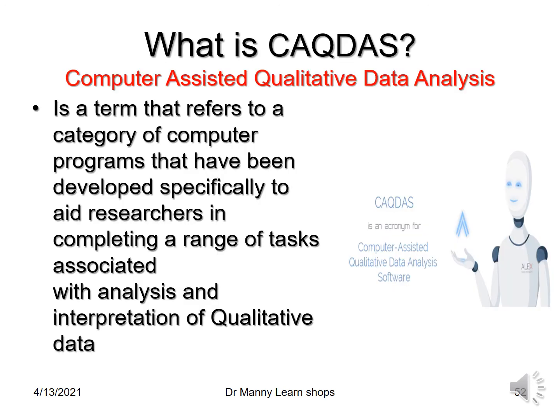So, what is CAQDAS? Well, computer-assisted qualitative data analysis is a term that refers to a category of computer programs that have been specifically developed to help you as a researcher in completing a range of tasks associated with analysis and interpretation of a lot of qualitative data.